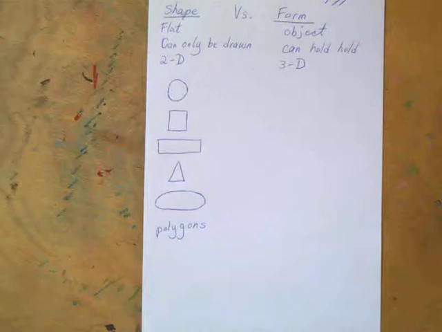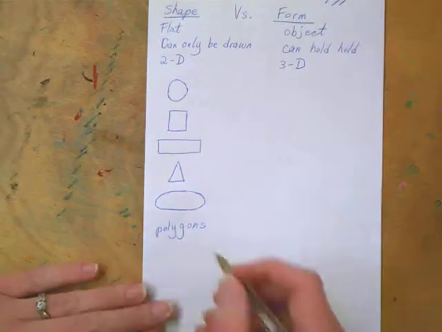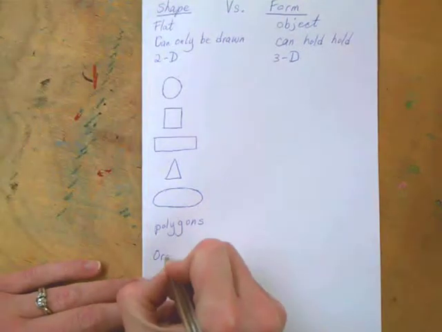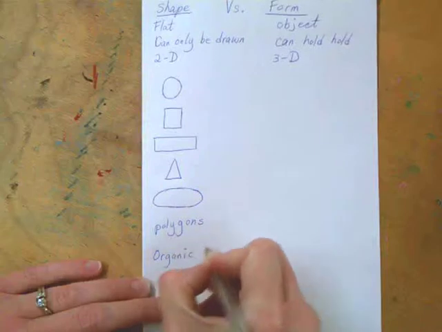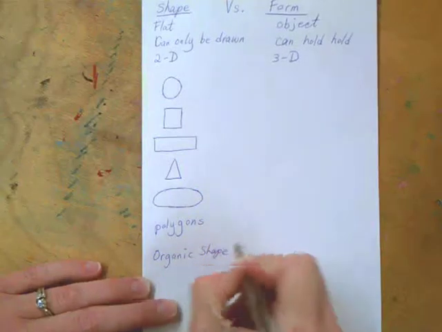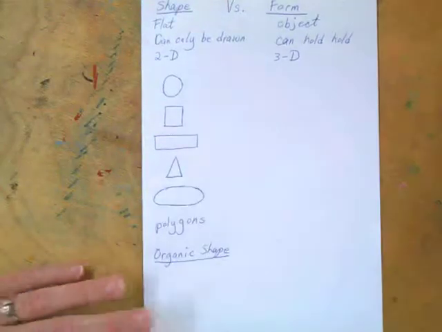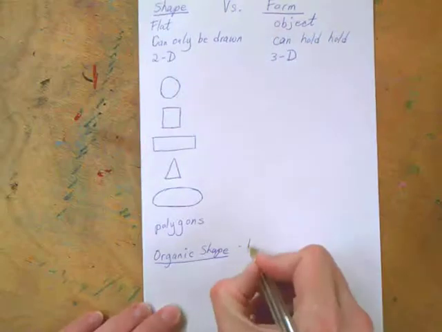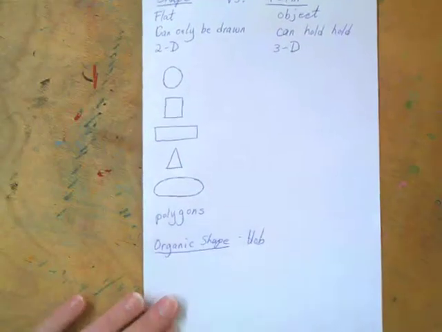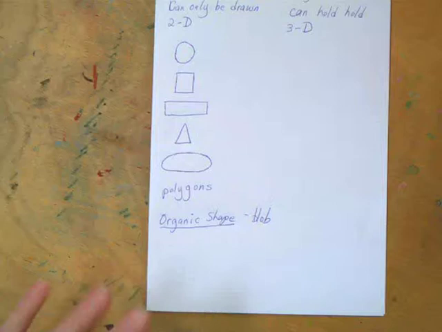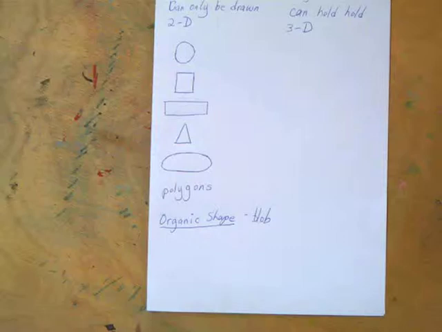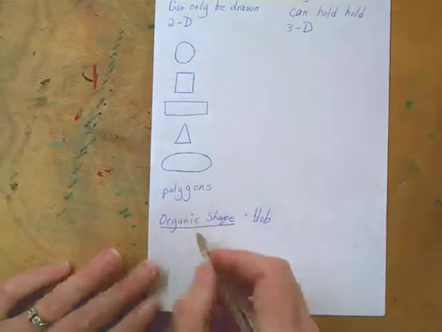And there's one special kind of shape that I want you to know. It's called an organic shape. An organic shape is a blob. It's an undefined shape. It's not a heart, it's not a diamond, it's not a triangle, it's not a circle, not a cube, not a square, not a rectangle.